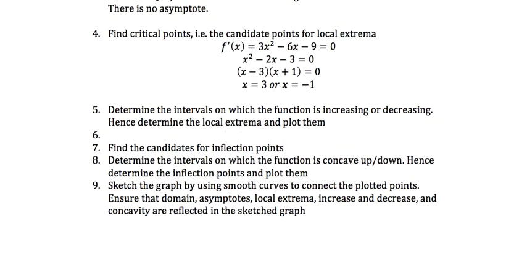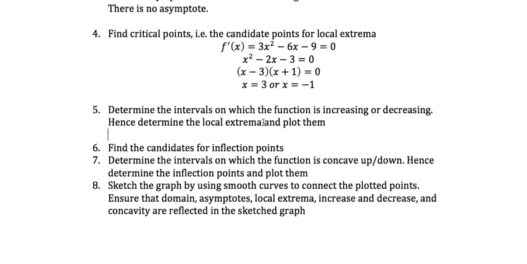Then, to determine whether those two candidates are local extrema, we need to determine the intervals on which the function is increasing or decreasing. If the function increases first then decreases, we just passed through a local maximum. If the function decreases first then increases, then we just passed through a local minimum.